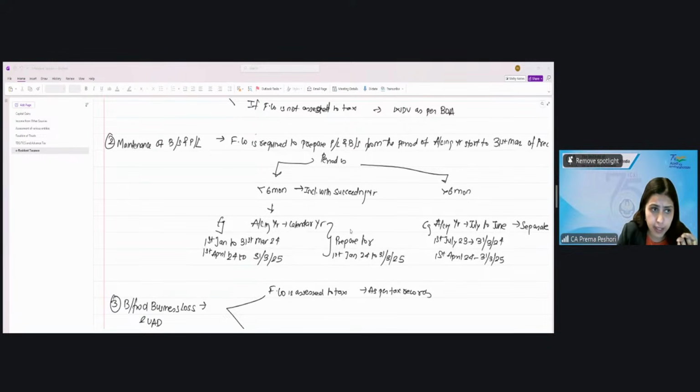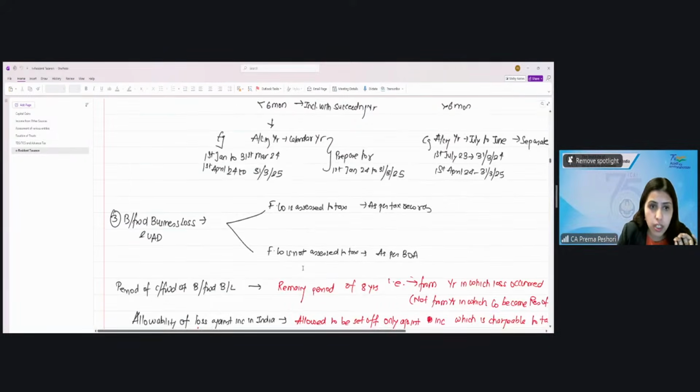However, you have to understand that the brought forward losses will be allowed for the remaining period. Remaining period as in, you will not be allowed for a fresh 8 years. The period will be calculated from the year in which it occurred up till now.